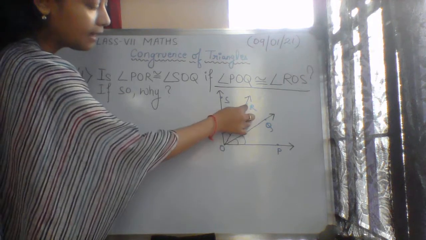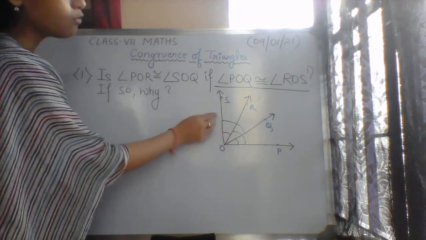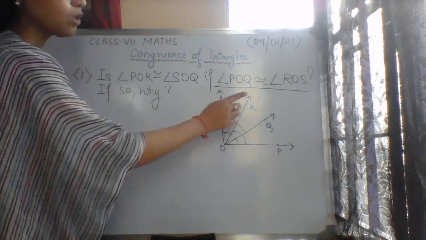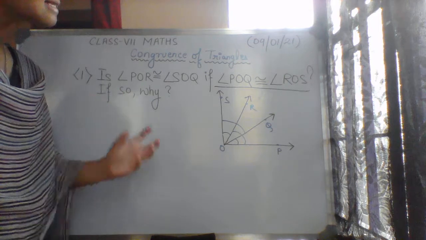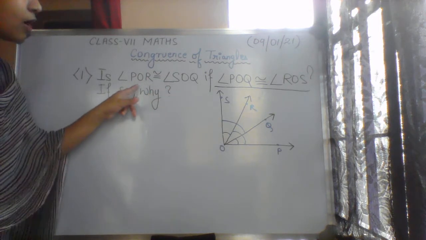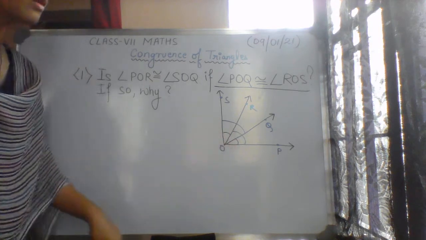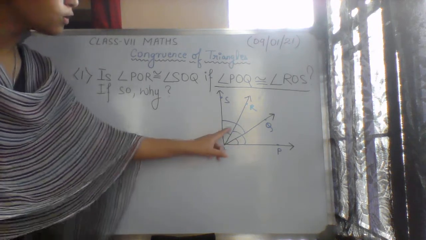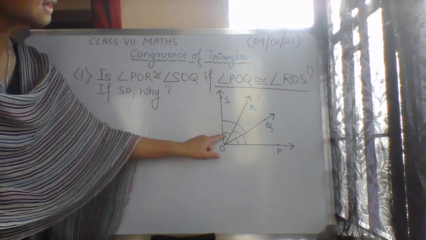By adding angle ROQ to ROS, we will get the total angle SOQ. So what are we getting? We are adding the same angle on both sides. To get POR, we add this angle to POQ. Similarly, to get SOQ, we add ROQ to ROS.